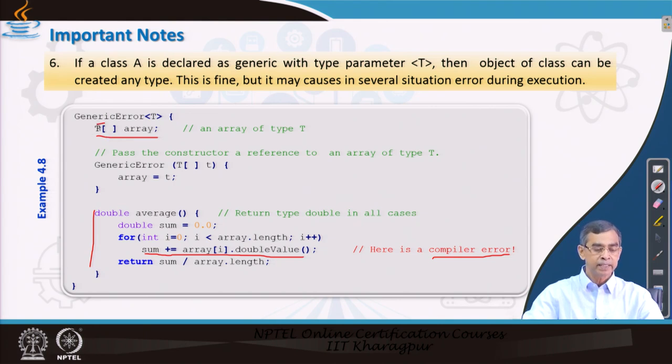What will happen if T is of type String, that means the array stores a set of String objects? Then the doubleValue method is not valid for String. It is valid only for numeric types, but T can assume anything, it can assume String, it can assume Student also, but for Student the doubleValue method is undefined. As a consequence, it will give a compilation error. So, this is one problem: while you are writing the program you may not be aware of it, and it can invite trouble, a compile error.